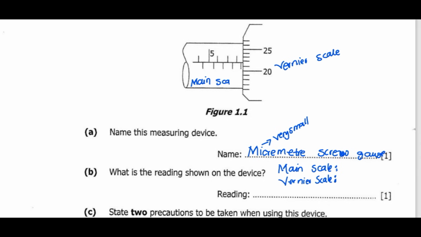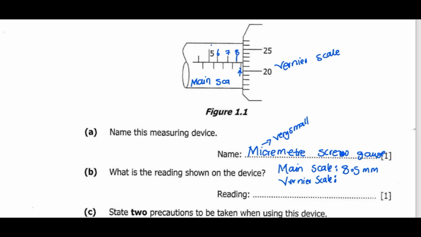You need to focus on these calibrations on top. So here we have 5. So this is 6, 7, 8. Now the last one is 8. Now below, if there is this small line here, you add 0.5. So this becomes 8.5 millimeters.